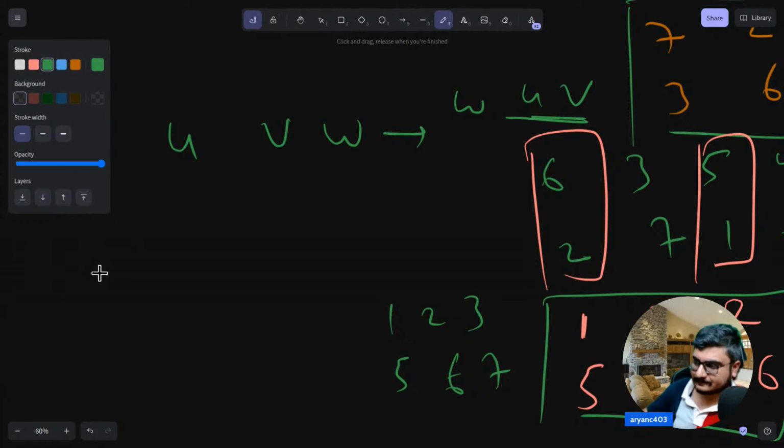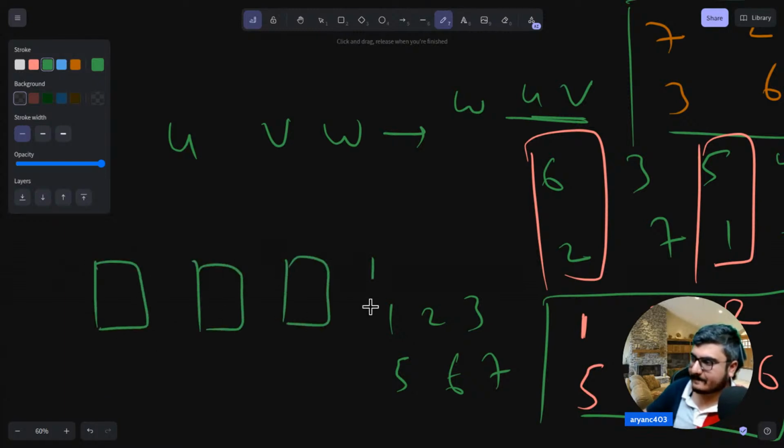For example, let's say we have four numbers here, and we can even call them U, V, W. And then if we do a swap here, we can end up with this pair here.